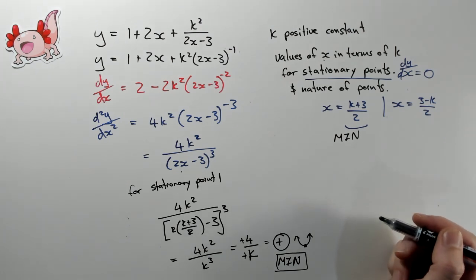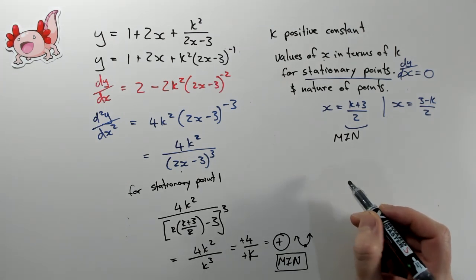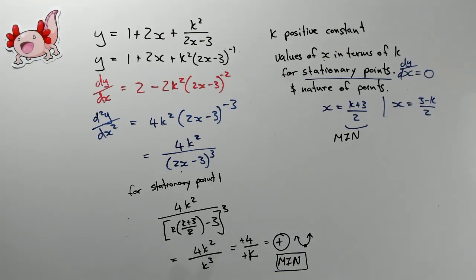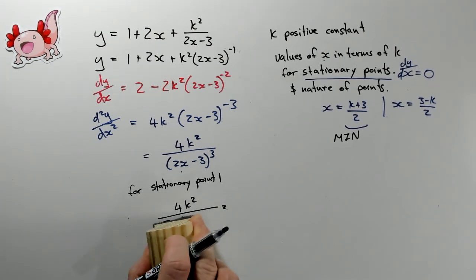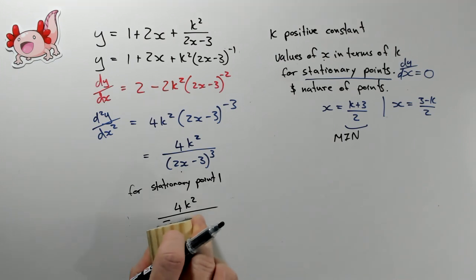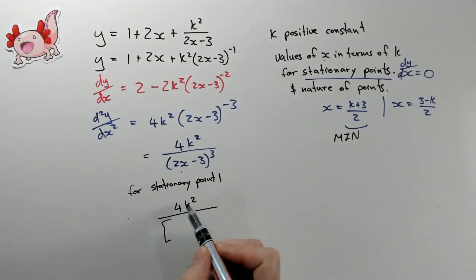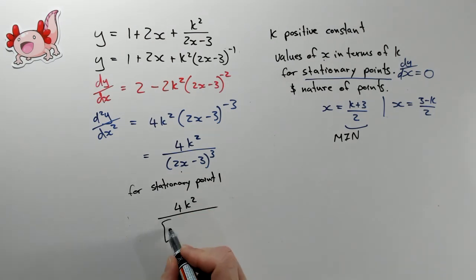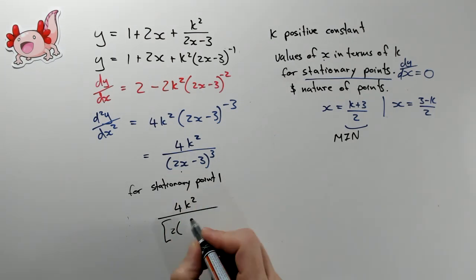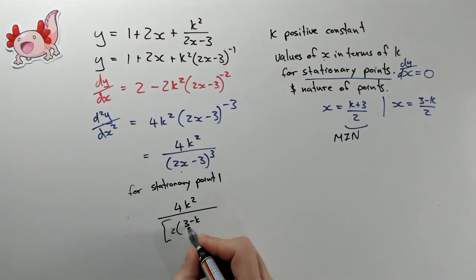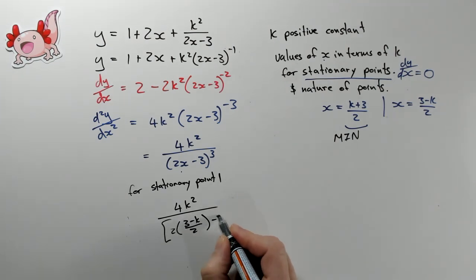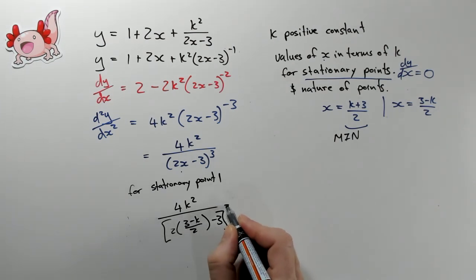And the next one for the stationary point, I'm just going to take this away. Hopefully this one works out so nicely as well, but I mean, it should. And I'm just going to cheat a bit and just use that top bit again, and then 2 times my x this time is 3 minus k over 2 minus 3, all to the power of 3.